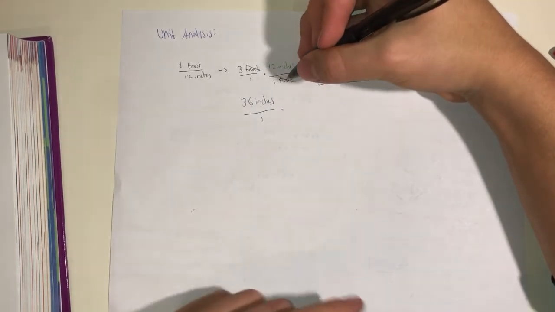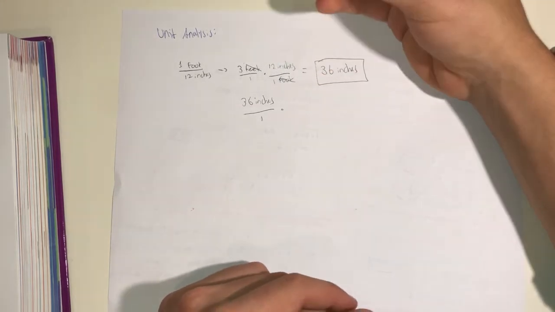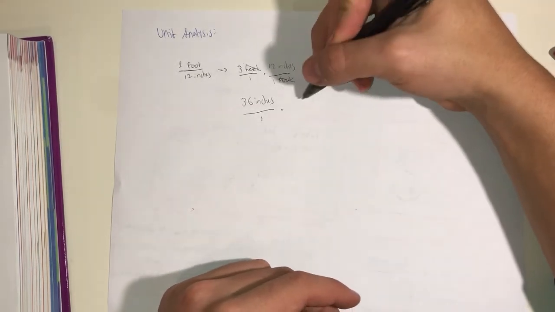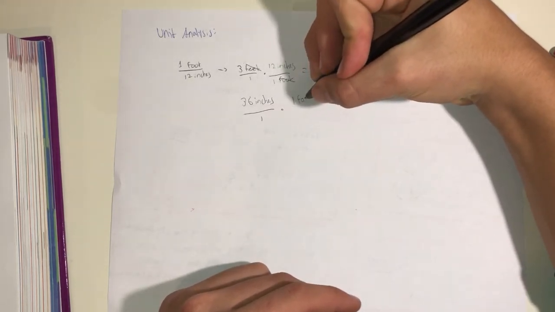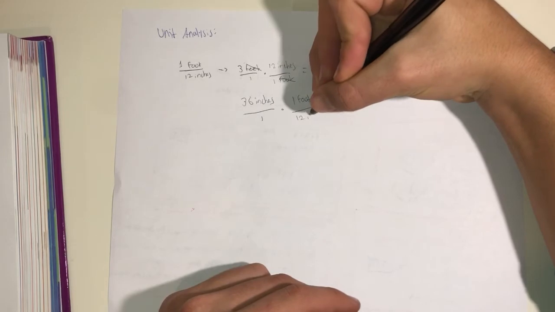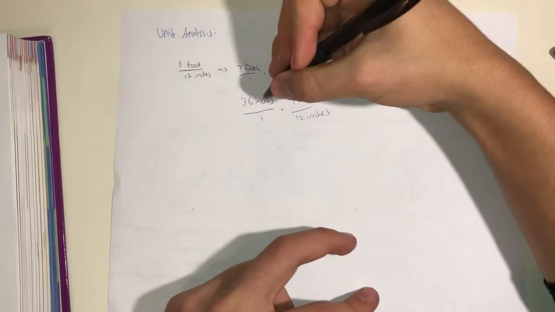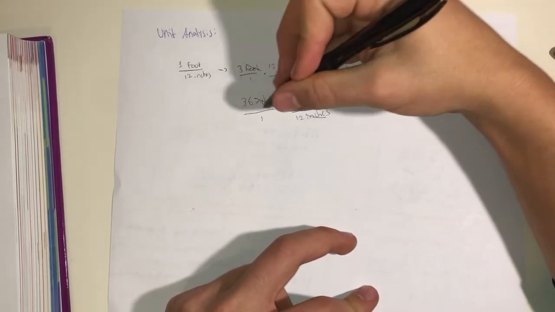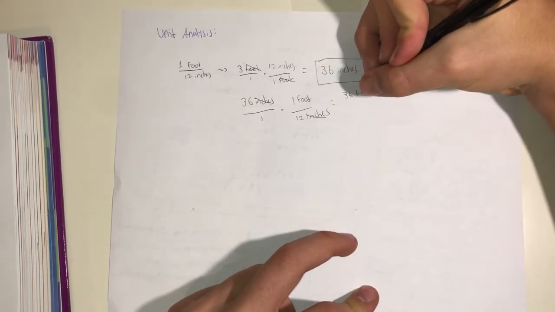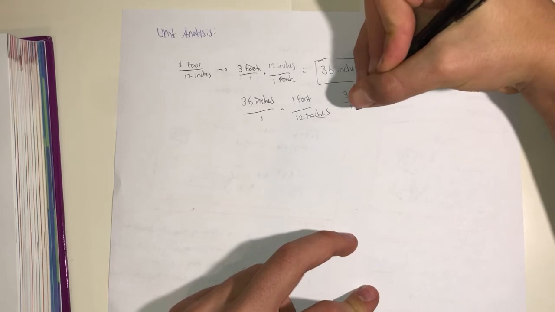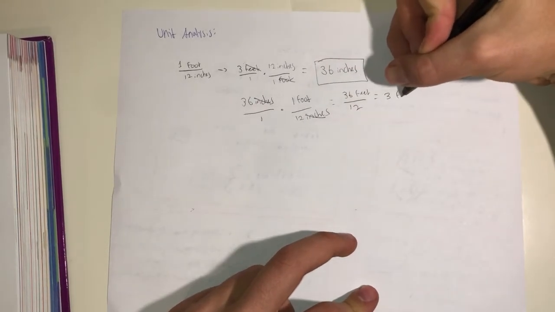So 12 inches over 1 foot is the same thing as 1 foot over 12 inches, but you want to have the unit that you want in the outcome on top. So in this case, we would do 1 foot over 12 inches. This is so when we cross multiply, the unit you don't want can cancel out. Then you do 36 times 1 equals 36 feet over 12, which is 3 feet.